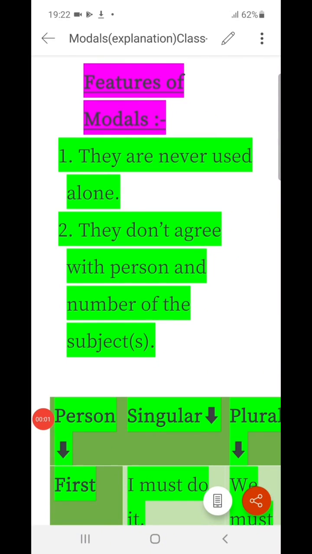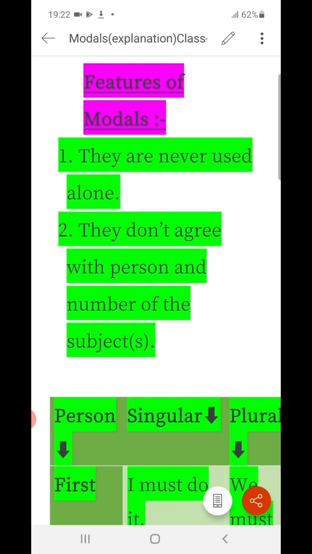Let's look at the features of modals. Number 1, they are never used alone. Number 2, they don't agree with person and number of the subject.